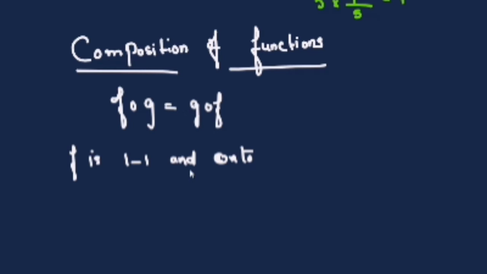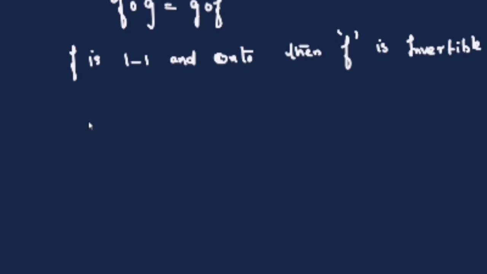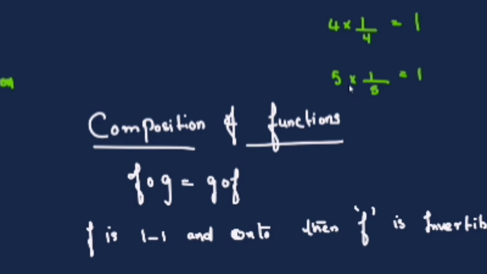If the function f is one-to-one and onto, then the function is invertible. Invertible means you can find the inverse. So if it is one-to-one and onto, f of f inverse will always be equal to the identity. We just saw that 5 into 1 by 5 is 1, the identity.